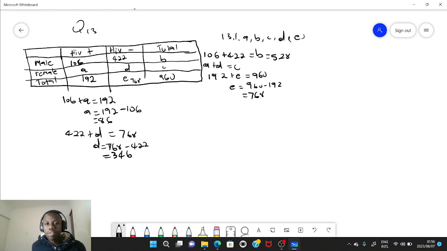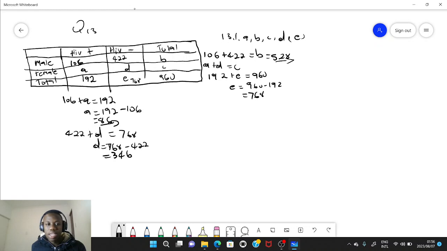So now we have the value of A, and we have the value of B. We are only left with the value of C. And we know that C is the sum of A and D, right?